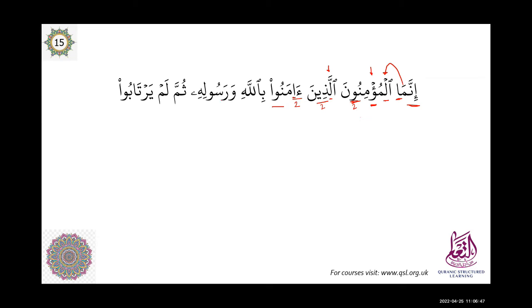Then we have the word billahi. The ba is joined with the lam in the name of Allah. So here you join with the first lam, you do the tawassut, you then continue. Now, I'm not sure if I've mentioned this before, but every time you see the name of Allah in the Mus'haf, you will see it written like this, but we never recite it exactly how it appears.